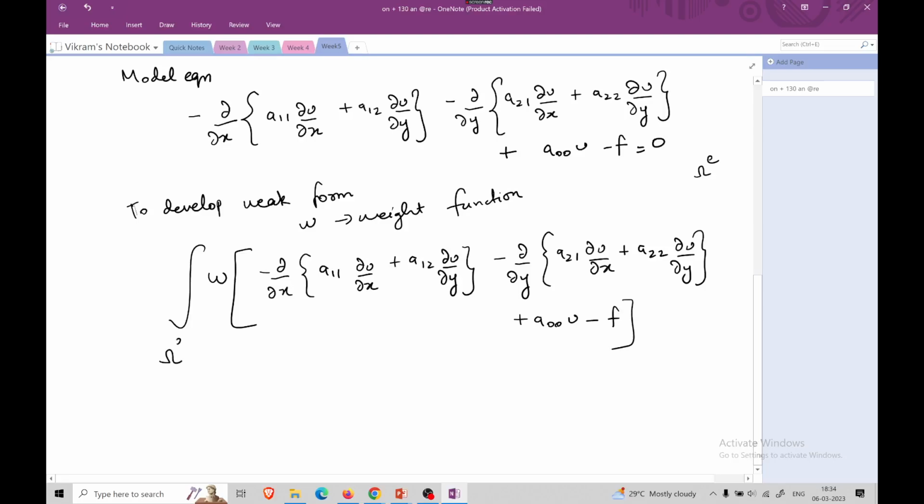I am going to integrate it over the element, d omega, equal to 0. So this is the weighted residual. Weighted residual means we get the residual, multiply it with the weight, integrate it over the domain and equate it to 0. So this is called a weighted residual integral.